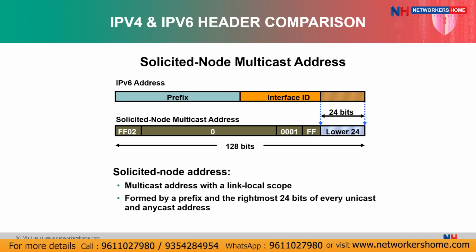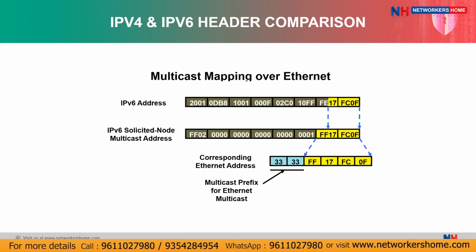As we know, IP version 6 supports unicast, multicast, and anycast. Multiple nodes or servers can be represented through one IP, which is called anycast. The first option is the IPv6 address, the second is the IPv6 solicited node multicast address, and then we have the multicast prefix for Ethernet multicast and the corresponding Ethernet address, explained here.